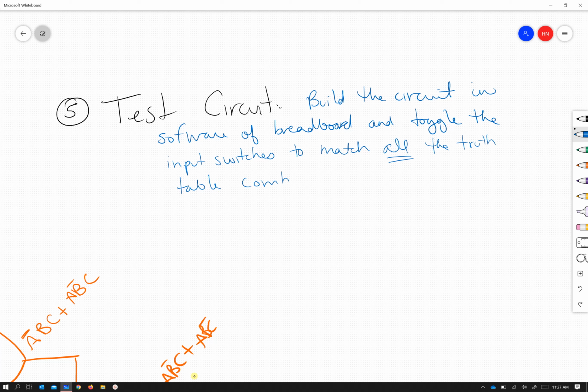That's super important because some kids just check, oh, did it turn on when it should? But if you make an error, what you may be doing is turning it on when it should not turn on. So you want to make sure that you toggle all of them to match the truth table and verify that the output is correct.